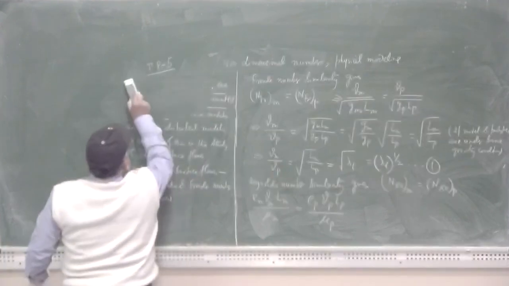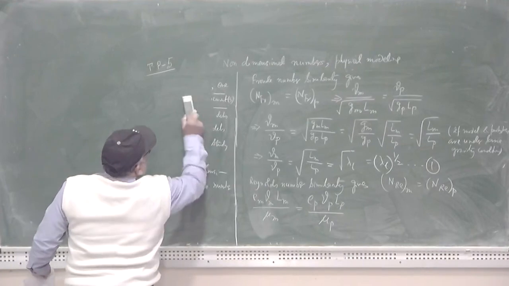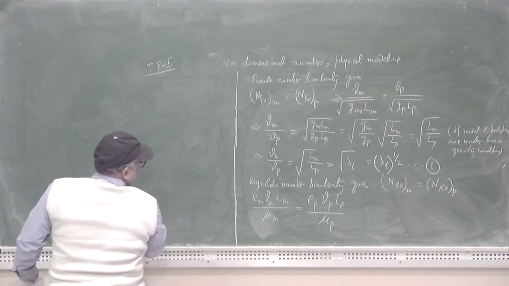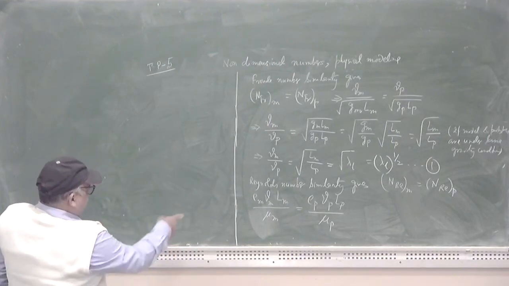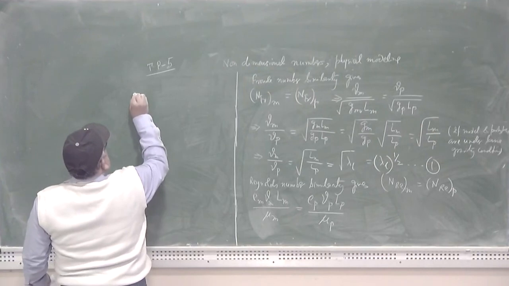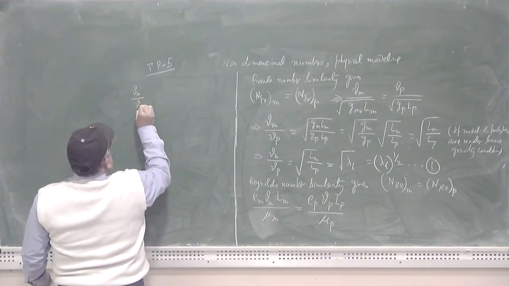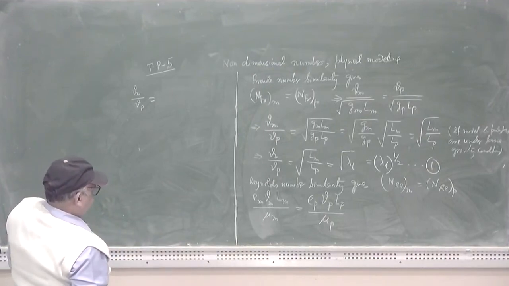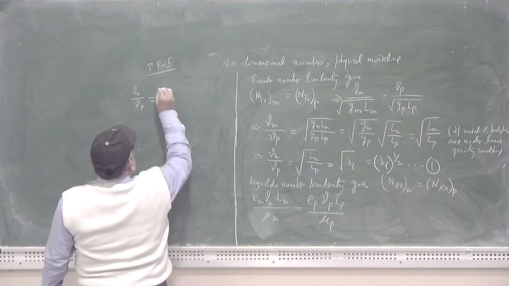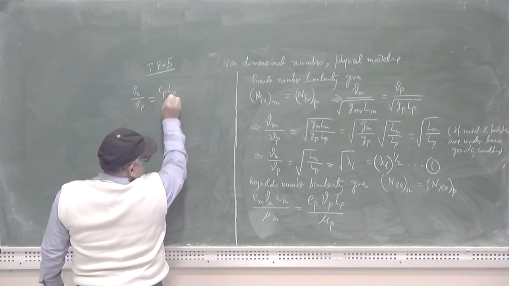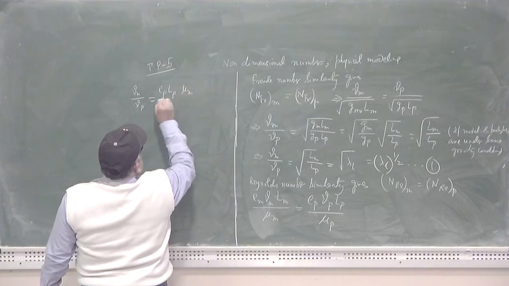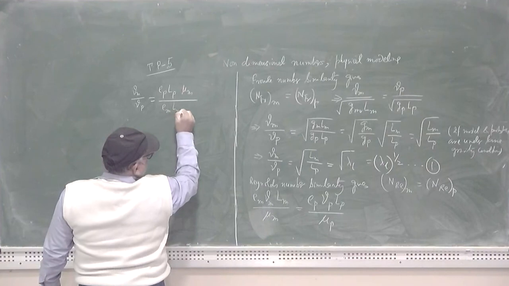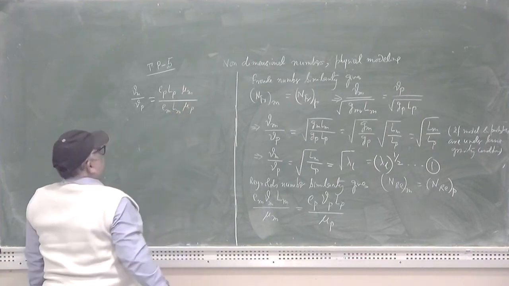So, Vm by Vp equals rho p Lp mu m divided by rho m Lm mu p, is it not?